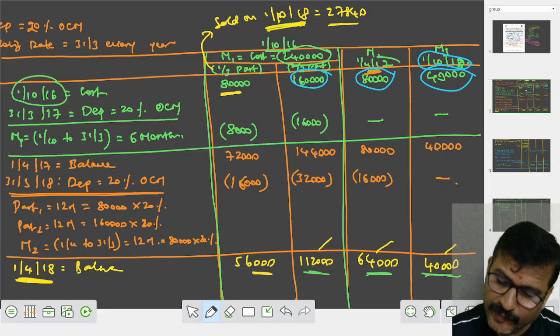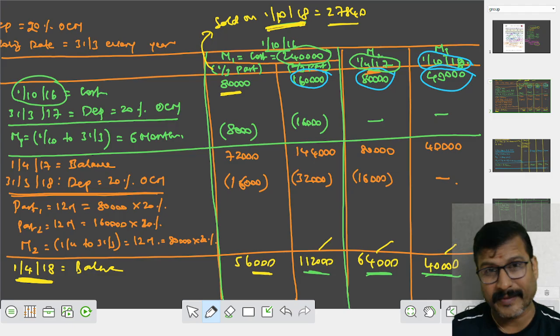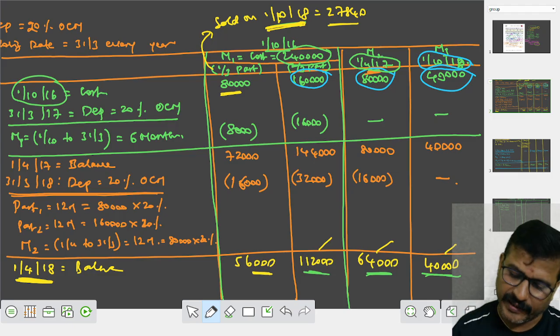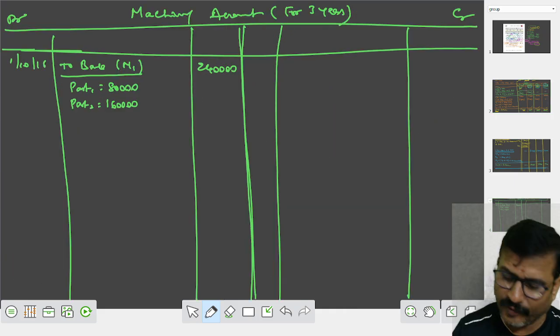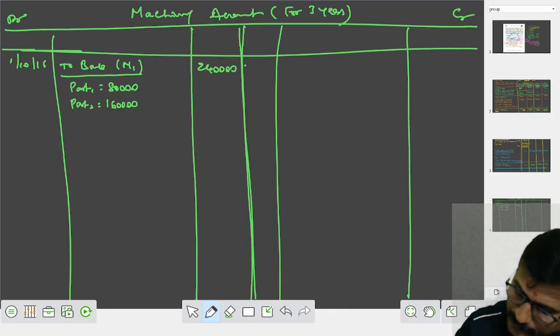When you purchased M2, we purchased M2 on April 17, means in the next financial year. But in that particular year, we charged depreciation. 8,000 plus 16,000 comes to 24,000.